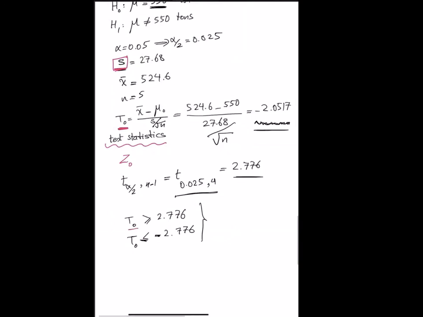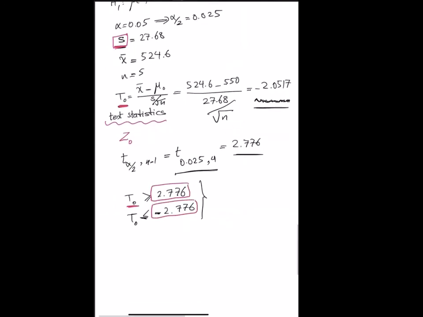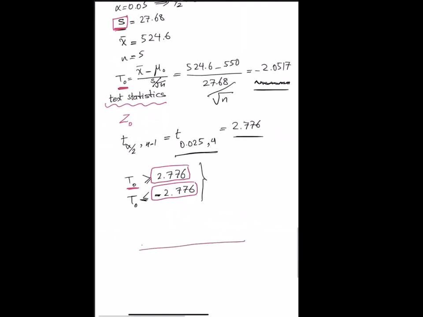So you compare the value of your test statistics with your critical value. And remember, if this is a T table, these are the values. So this is minus 2.776. This is 2.776.